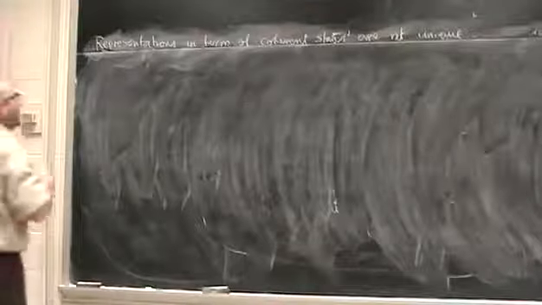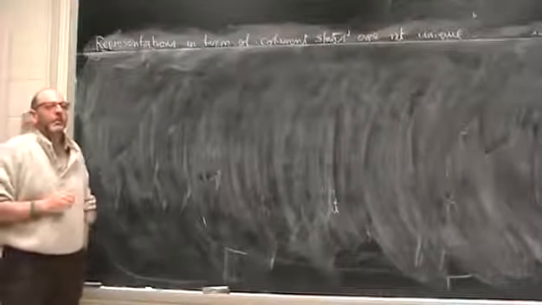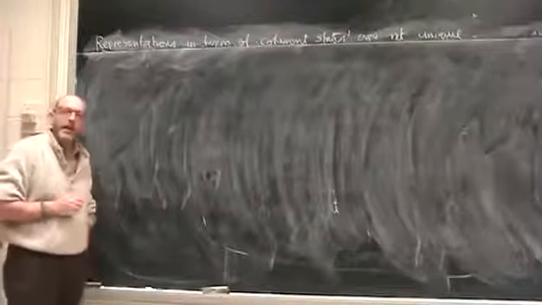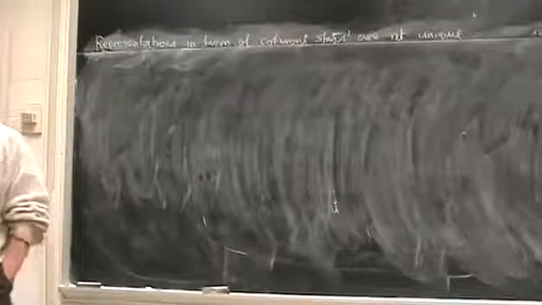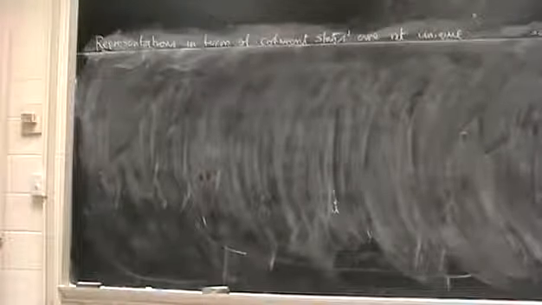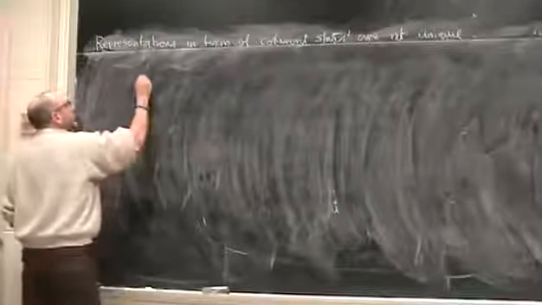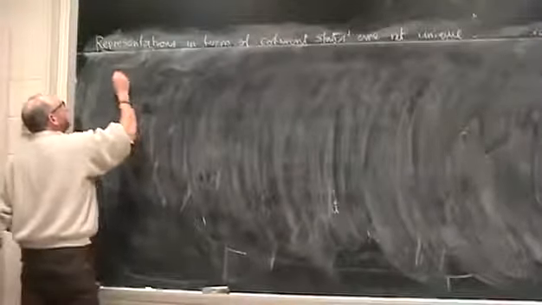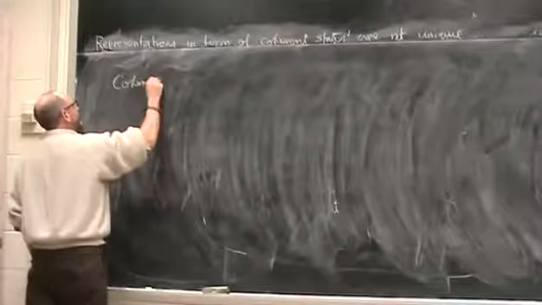Well, the coherent state is a kind of strange state. It's not an eigenstate of an observable. It's not an eigenstate of a Hermitian operator. The coherent state is a phase-space eigenstate.